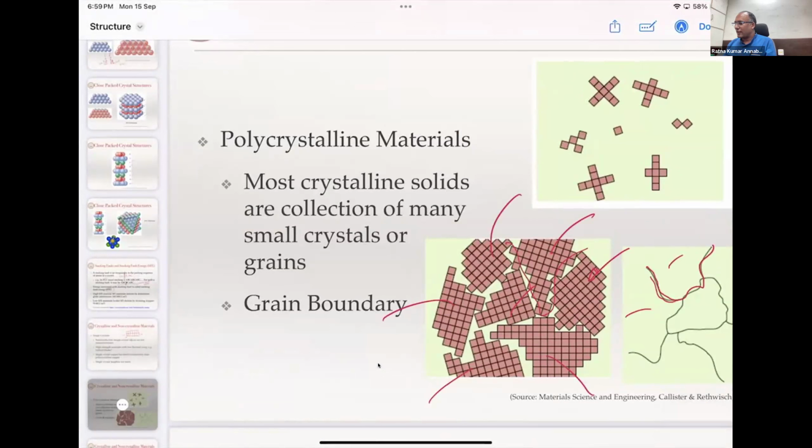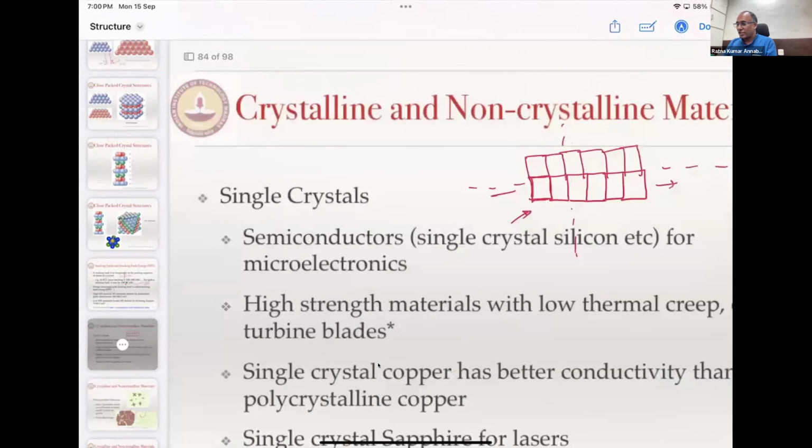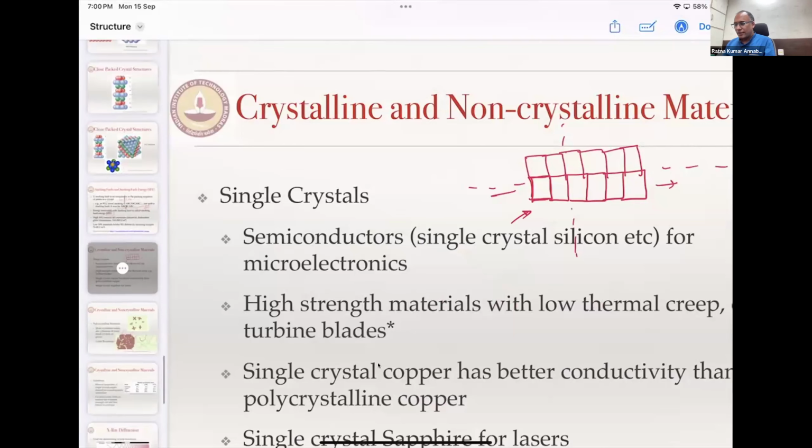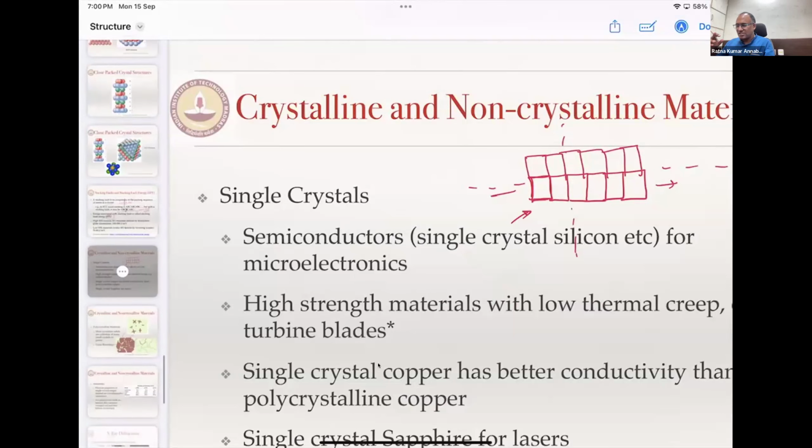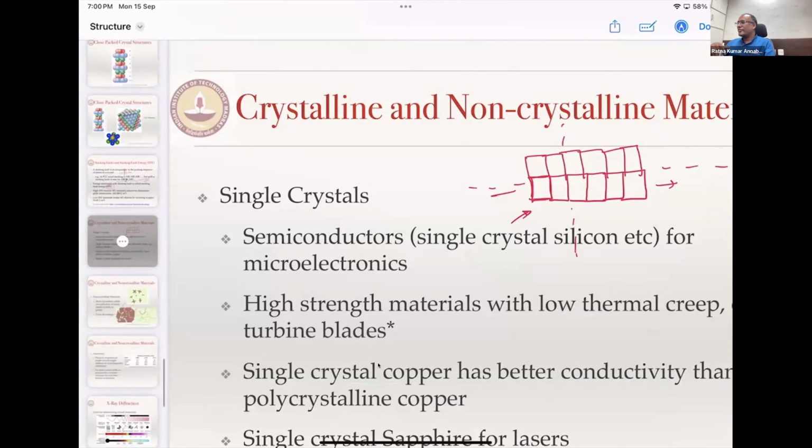Most of the materials are polycrystalline in nature, and sometimes we may have to deal with single crystal materials, which can offer some special properties for engineering applications. It is important that we understand the existence of single crystalline and polycrystalline materials.